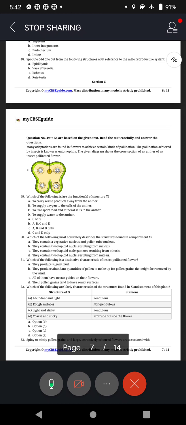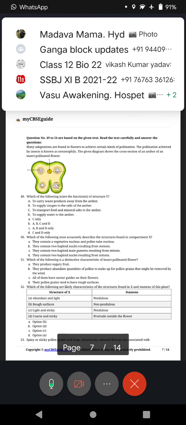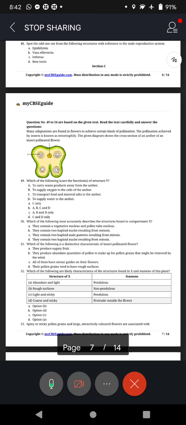Question number 49. Many adaptations are found in flowers to achieve certain kinds of pollination. The pollination achieved by insects is known as entomophily. Phily means love, I said. Entomo, insects. So entomophily, love of the insects towards the pollen grains.